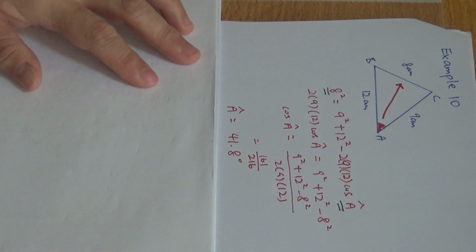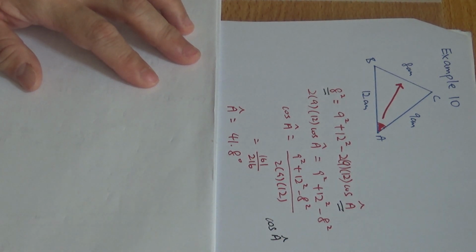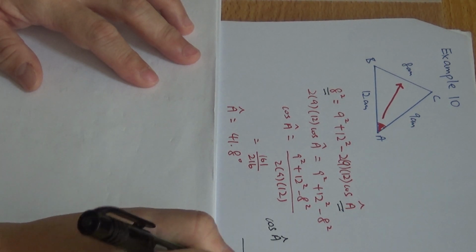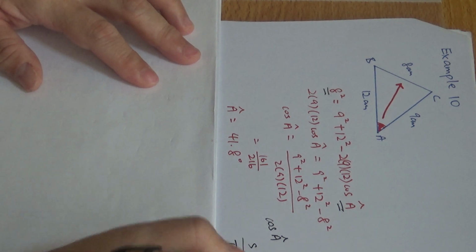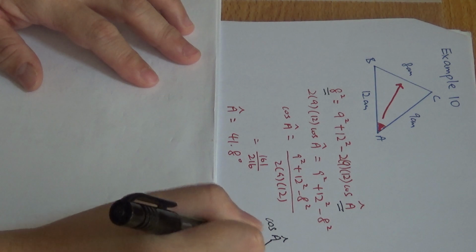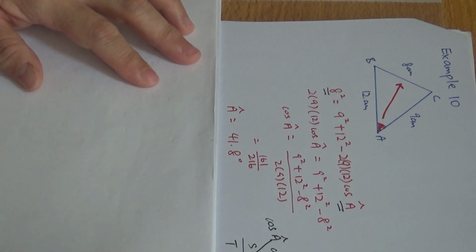Now let me just tell you that for cosine, you do not have to worry about whether it is acute or obtuse, because for cosine, remember this rule: over here cosine is positive, over here cosine is negative. So there will be no confusion.